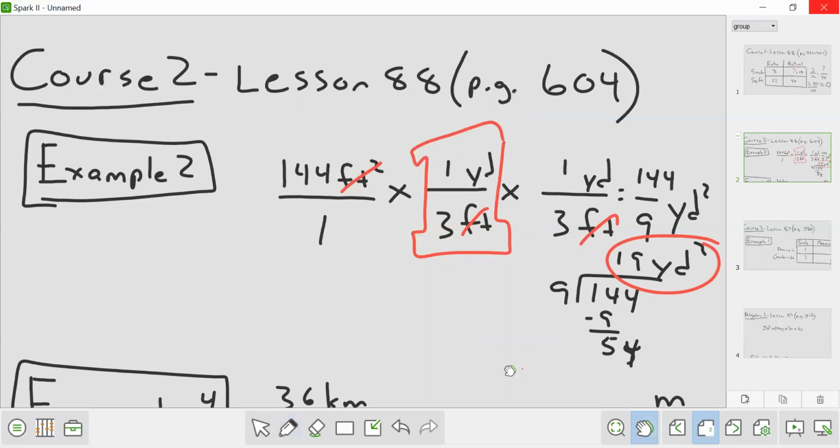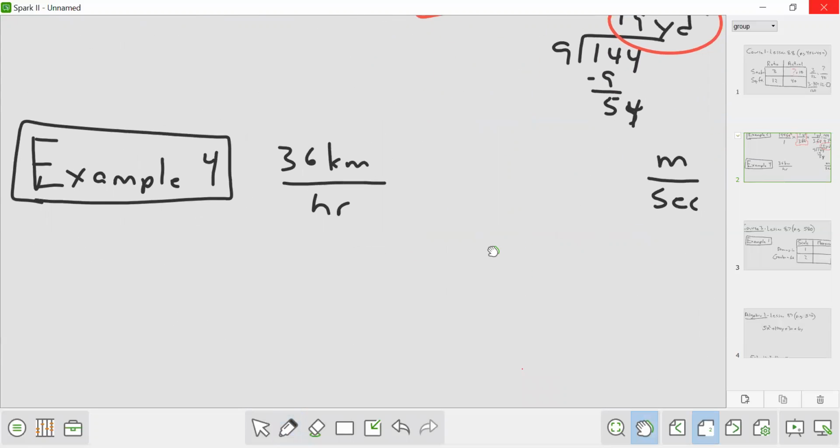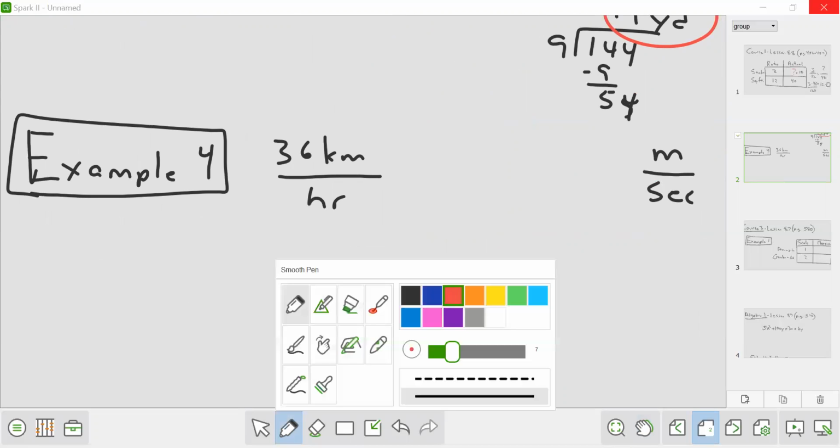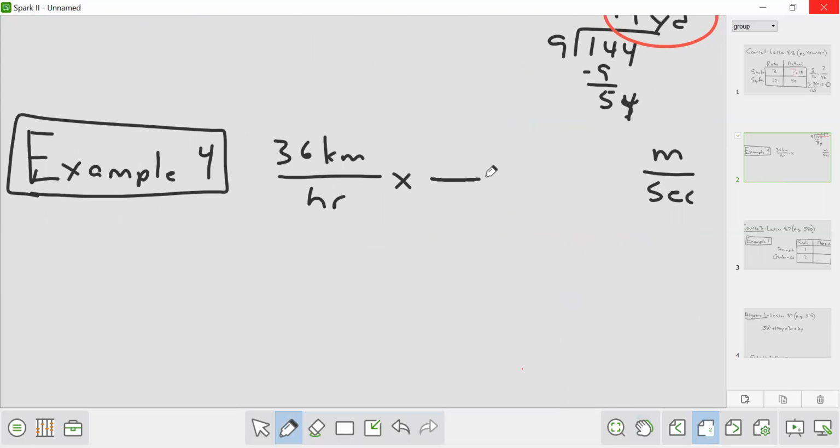Now there's another problem. Example 4 is very similar, except that now you have 36 kilometers per hour, but they want meters per second. And so you're going to have to do unit multipliers in a slightly different way. You're still going to need to use 2 unit multipliers, each of which will equal 1. But here's the tricky part.